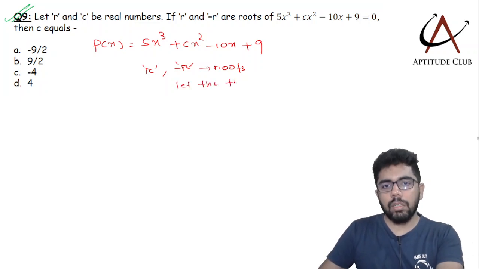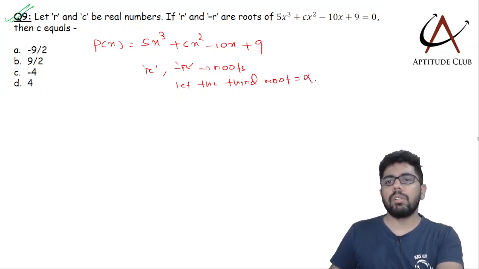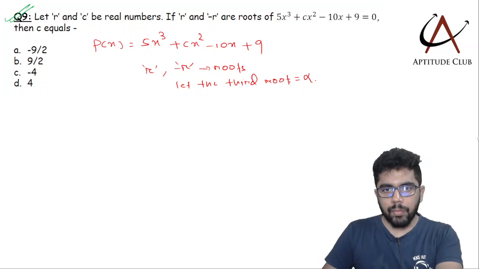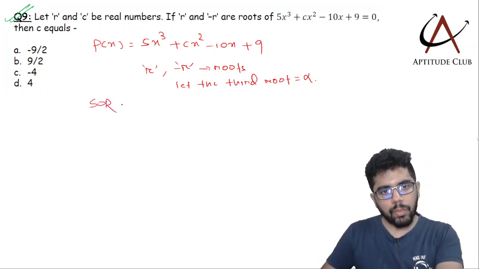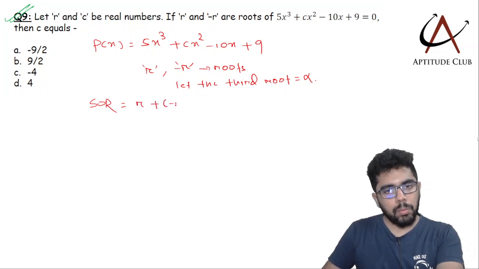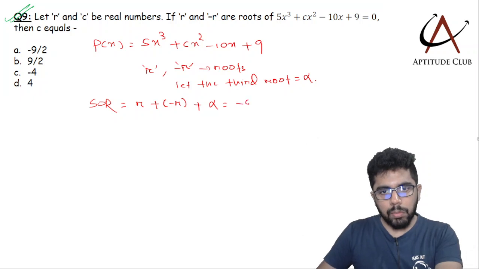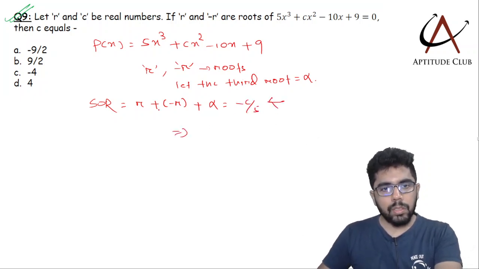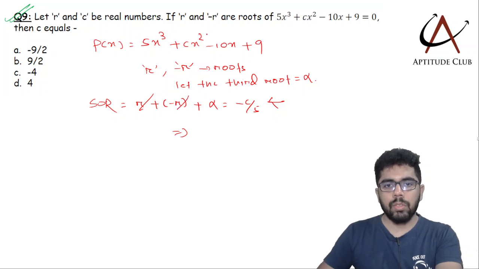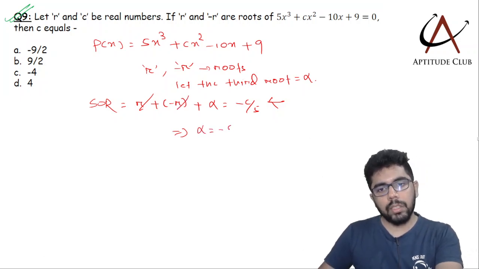So let the third root be alpha. So sum of roots, r plus minus r plus alpha is equal to minus c by 5. This gets cancelled out. Alpha is equal to minus c by 5.